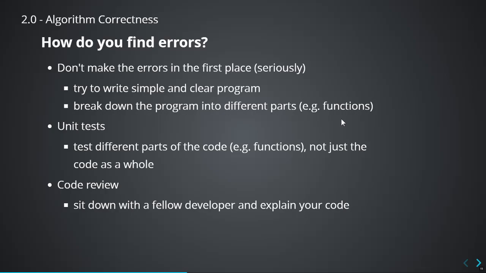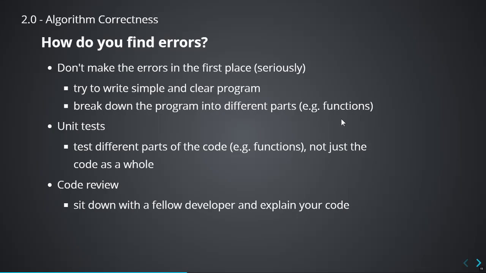And also another way you find errors is by doing code review. We don't do that when you're still a student in this university. But generally, when you start working, there'll be times when you have to sit down with your colleague, and he or she will check out your code.